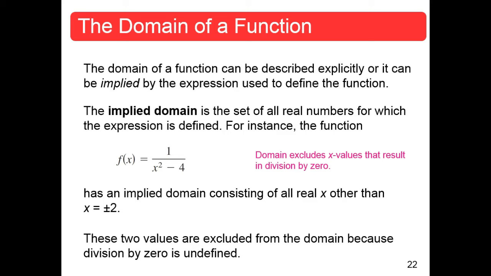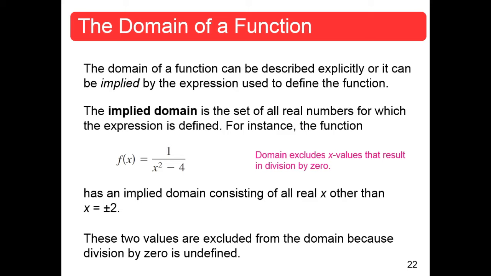So, for instance, here's a function. F of x is equal to 1 over x squared minus 4. Okay? Now, why would we have to exclude some expressions? What are some things you can never do in algebra? Ever. Can you think of that? Anything you can never do in algebra.